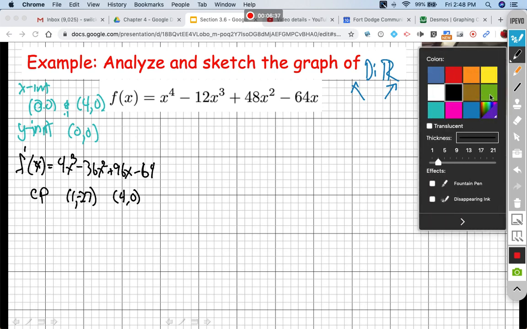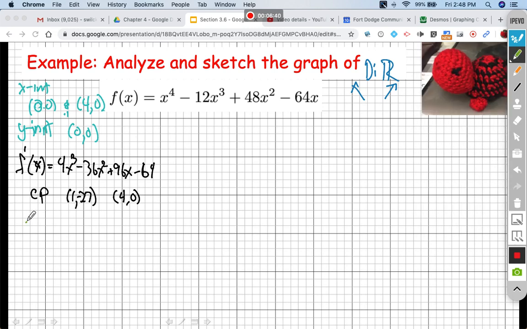Let's do the second derivative. 3 times 4 is 12. 2 times 36 is 72. Plus 96, and that's a 0. Now I'm looking for my possible inflection points.